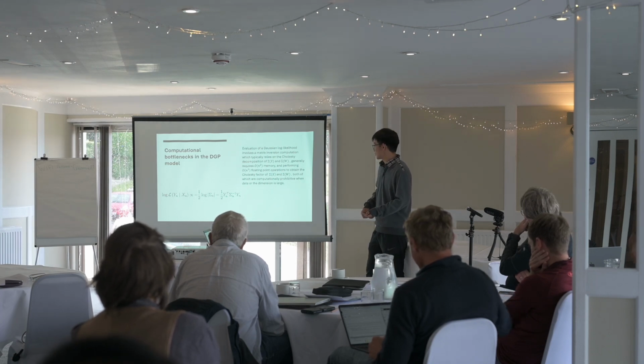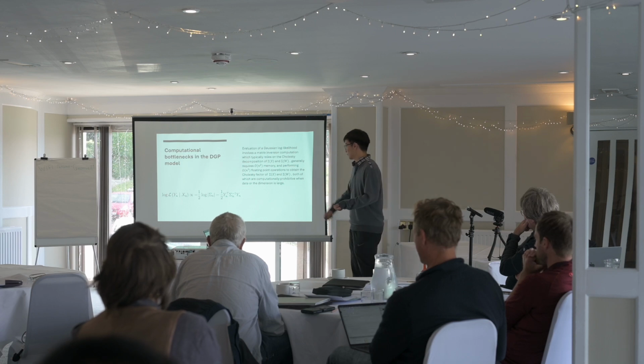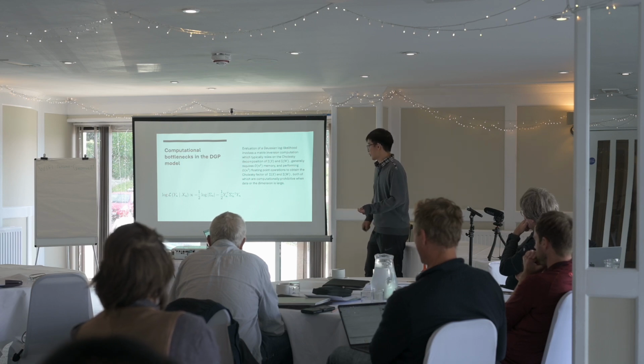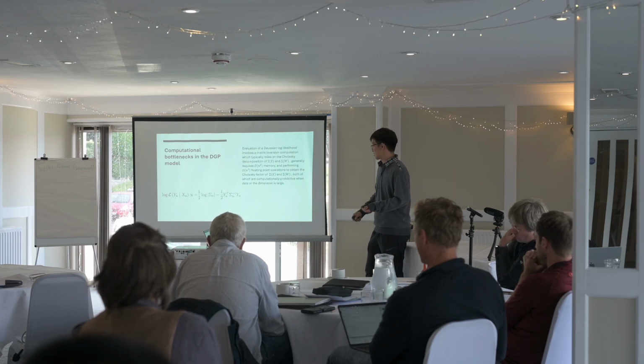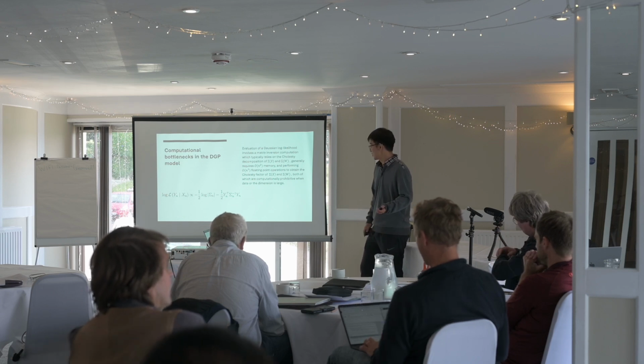This operation generally requires n squared memory and n cubed floating point operations to obtain the Cholesky factor of this matrix, and both are computationally prohibitive if you have really huge data or data sets that have really high dimension.